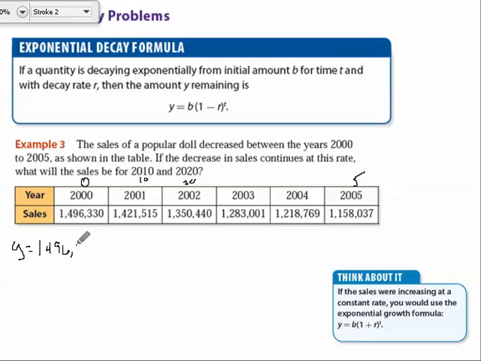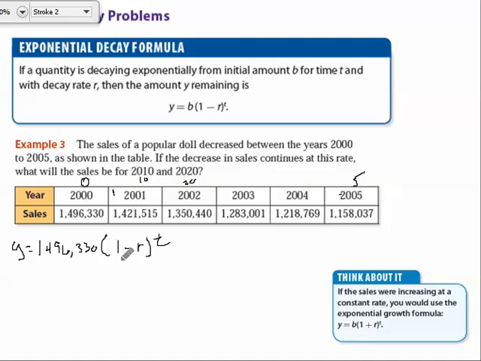1,496,330. And what we're looking for is the r. 1 minus r to the tenth power. Right? Well, you know what? What we can do is we can say, well, this was actually 1 year later. This one's actually 5 years later.